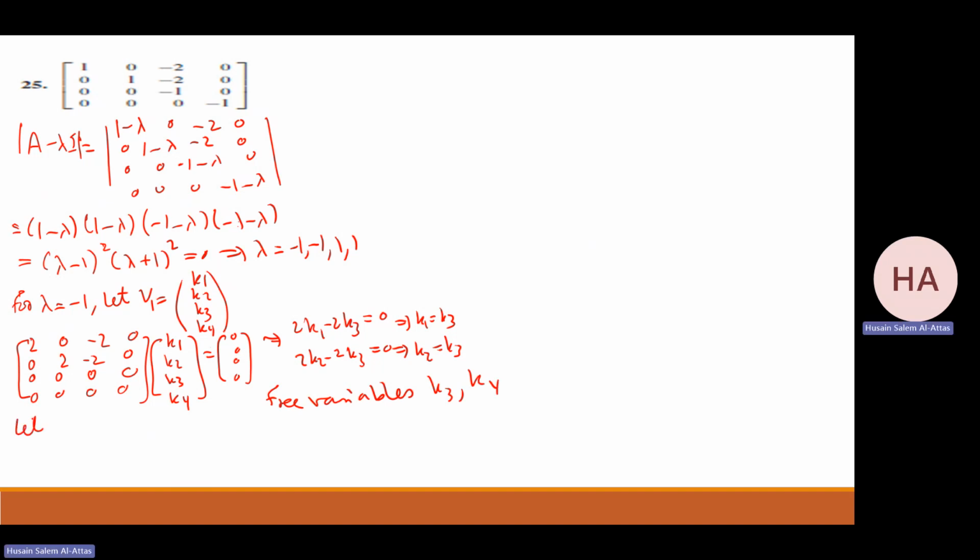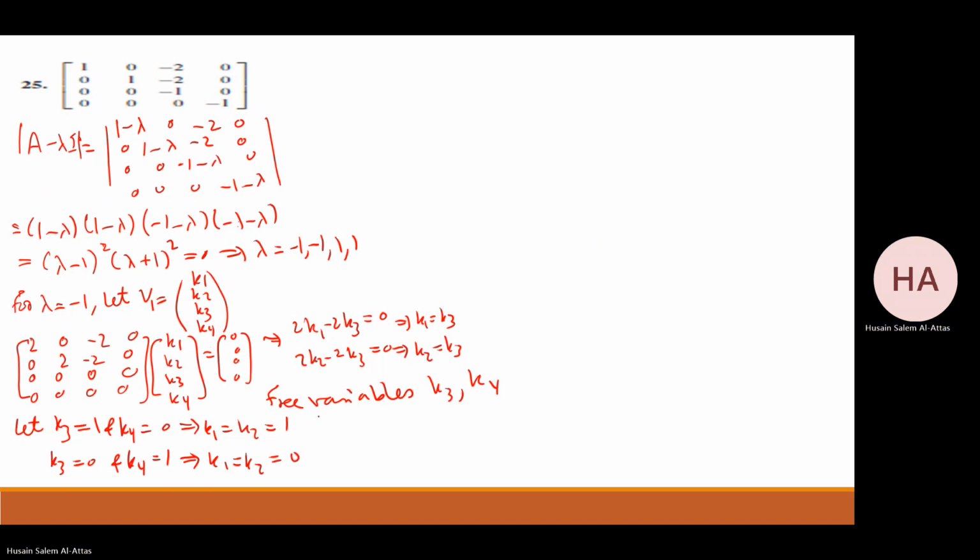So I let K3 be equal 1 and K4 equal 0, and K3 equal 0. Since I have two free variables, K1 and K2 equal 1. Here I have K1 equal K2 equals 0. So what are the vectors?